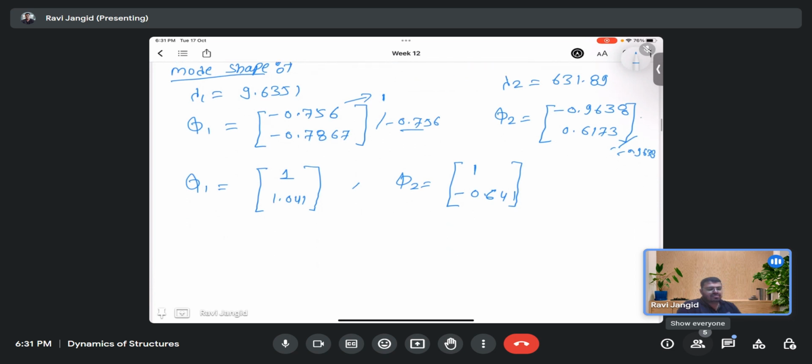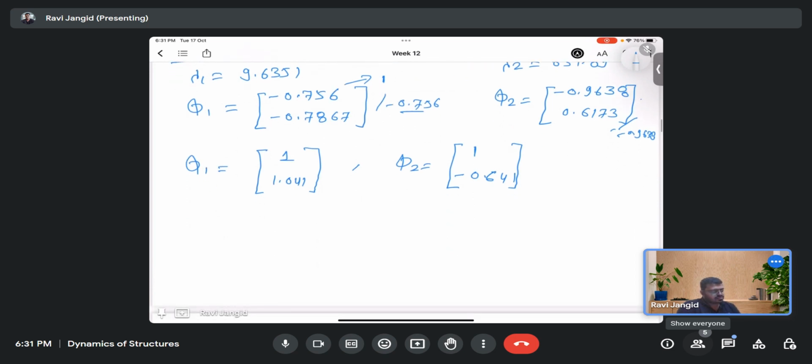Okay, so if I plot the first mode, I have 1 here, so that will be deformed like this, and then it will deform like this.